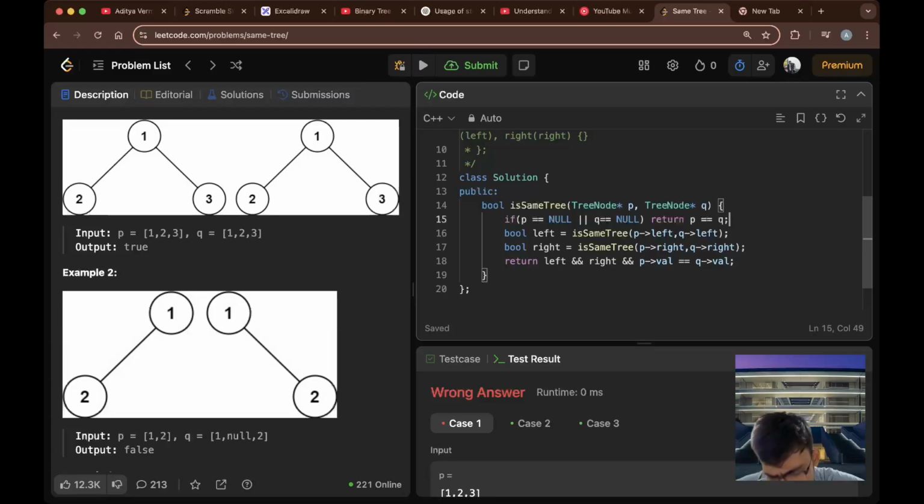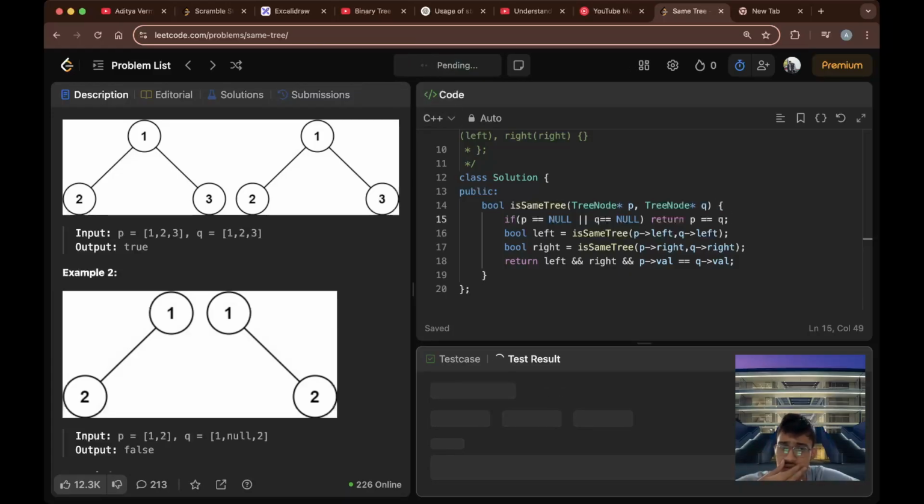The base case is the smallest valid possible input, that is null. It depends on P and Q. I think it's going to work.